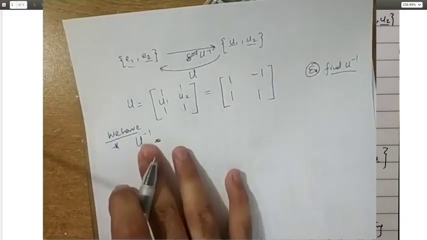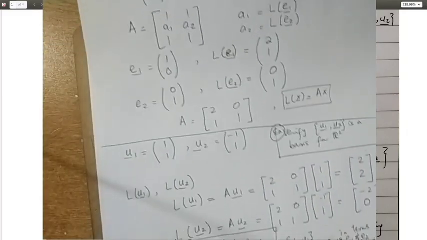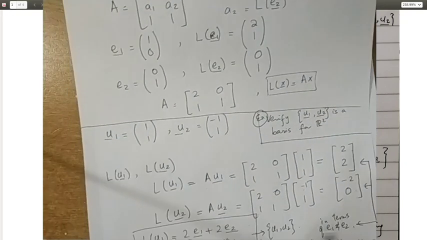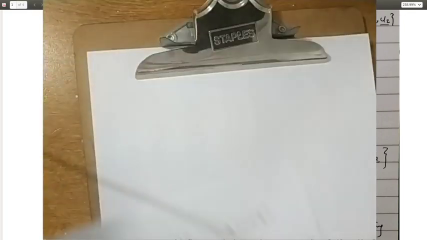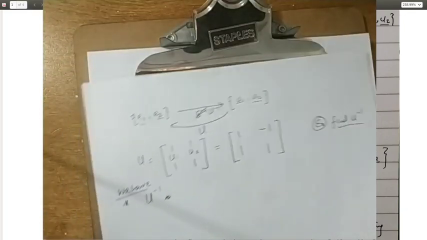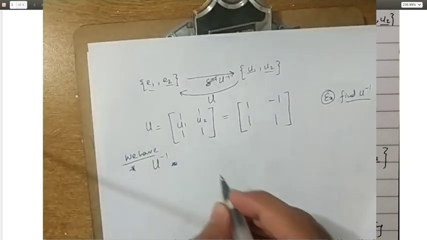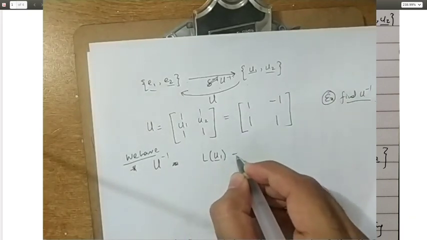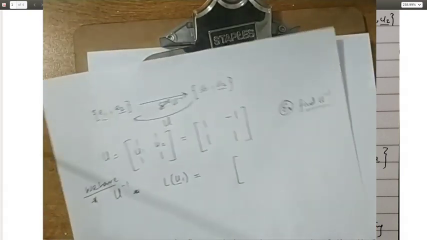The idea is, once you have U inverse, you can transform these vectors that you had, (2, 2) and (-2, 0), which were initially in terms of E1 and E2, and change them in terms of U1 and U2. Recall that the first vector was L of U1, which was (2, 2).